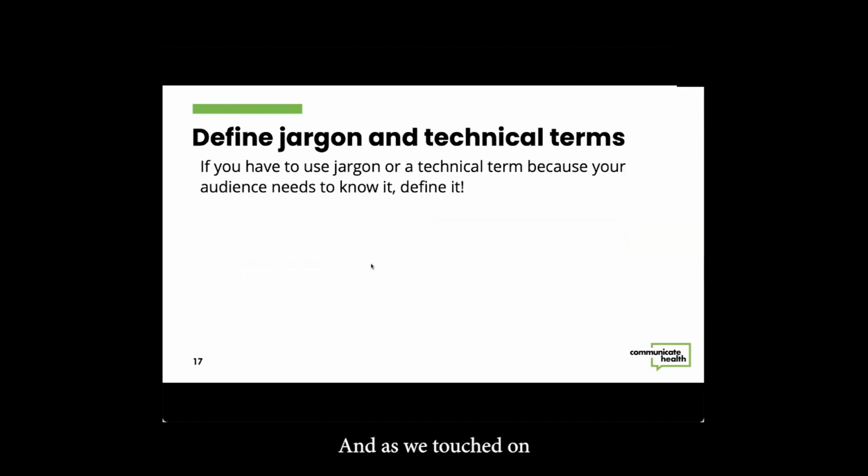And as we touched on with that infection example, it's important to define jargon and technical terms. So there are times where you may actually need to use a complicated term. And if you do, that's okay. It just means that you should always define it when possible.